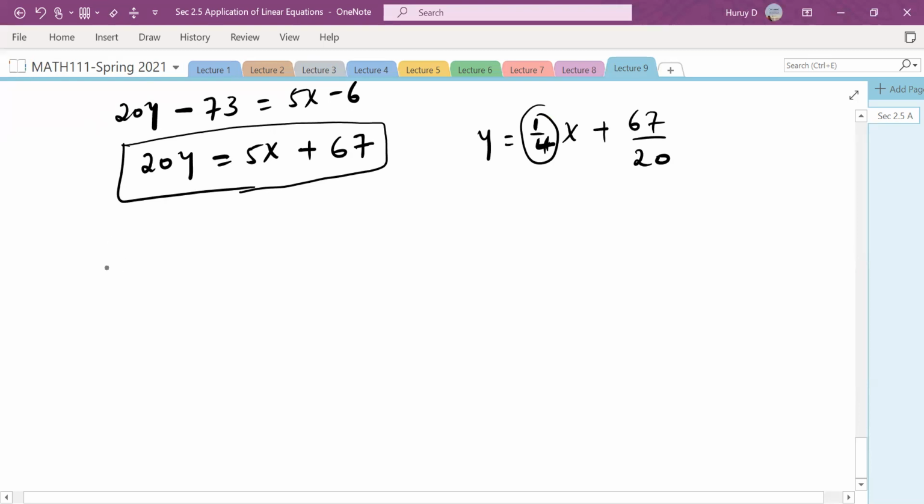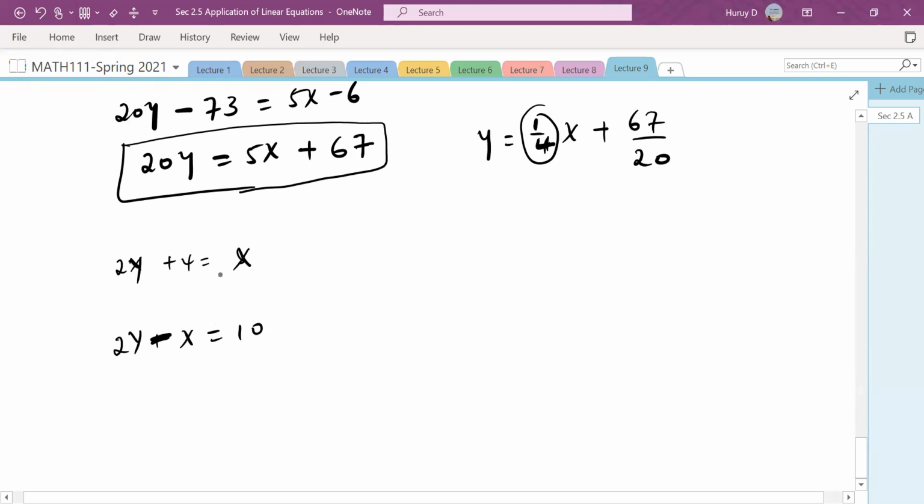If you are given 2 lines, let's say 2y plus 4 equals x, and then you have another one, 2y minus x equals 10, for example.